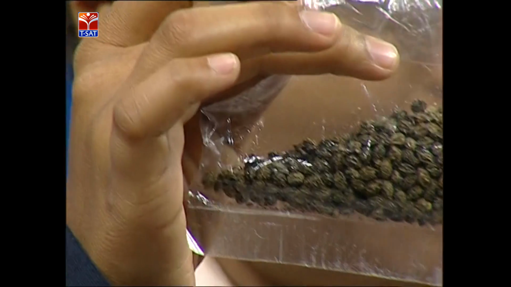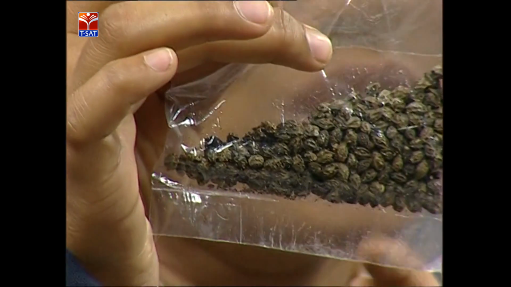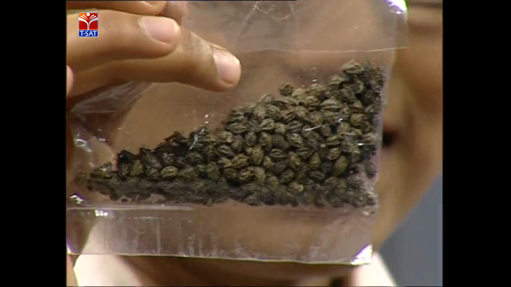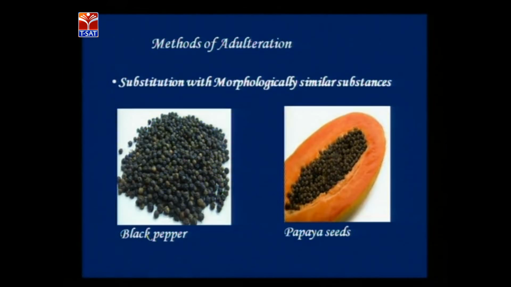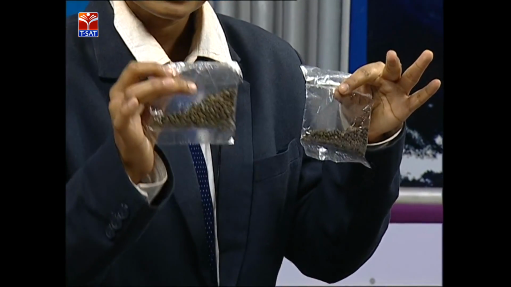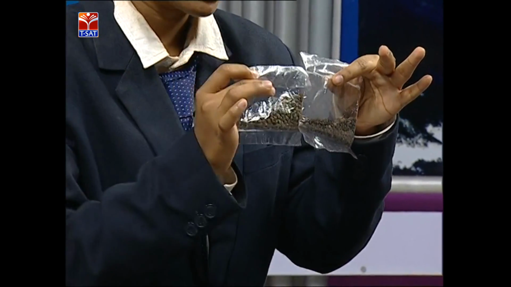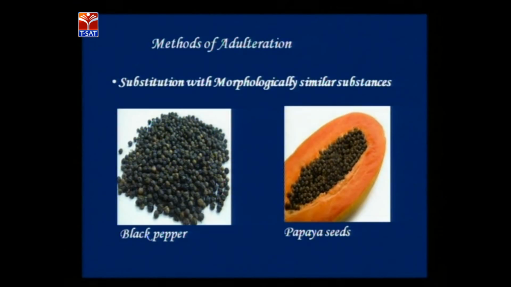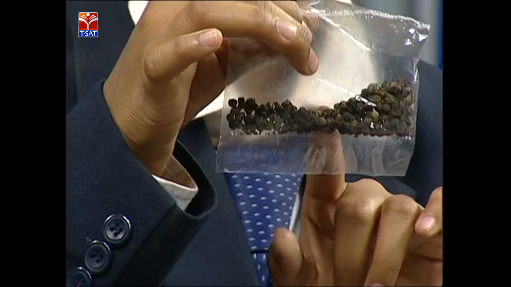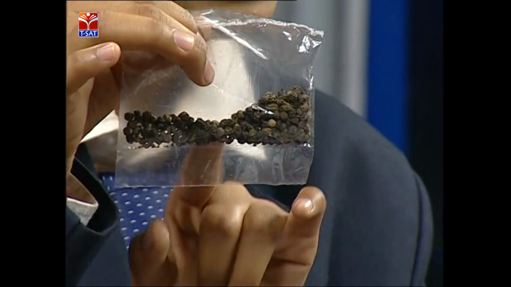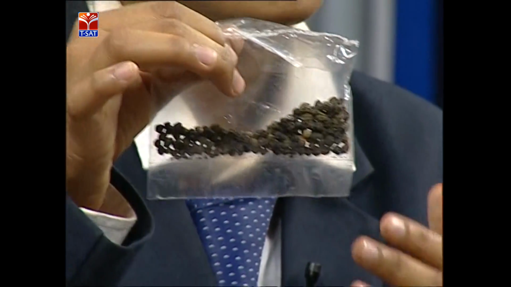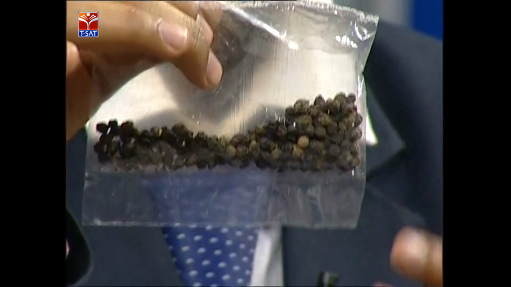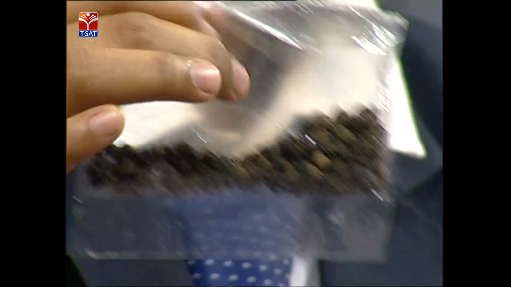These are also black pepper? No, these are dry papaya seeds. But here these dry papaya seeds and this black pepper, both are exactly similar. So these dry papaya seeds are added to this black pepper, practicing adulteration like this. Now can you identify? Adulterated or not, you can't identify, you will buy like this and face various diseases.